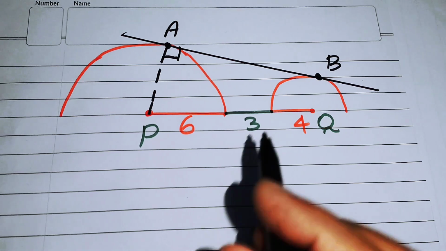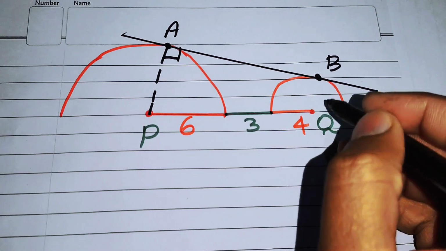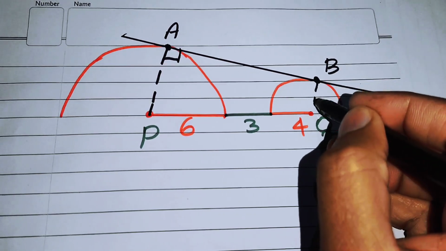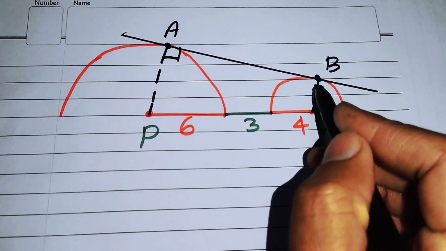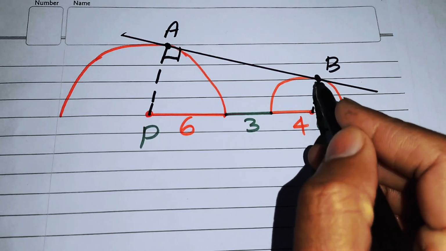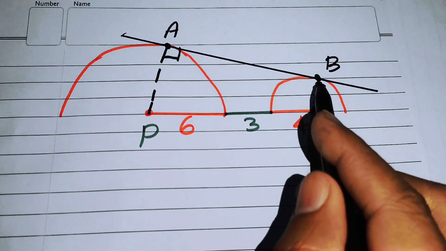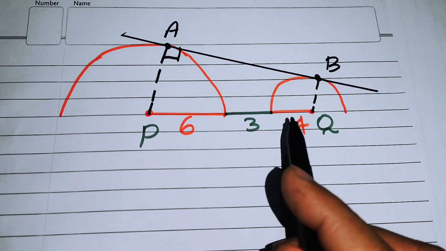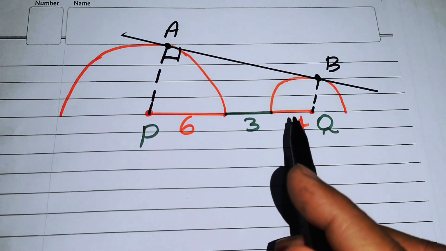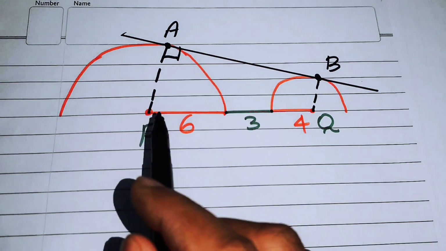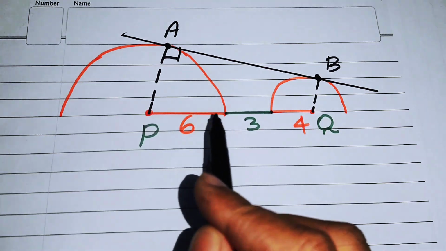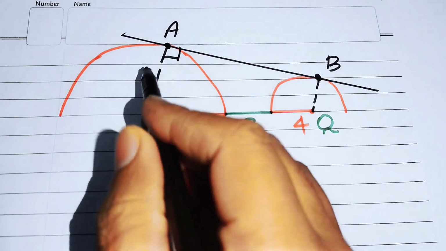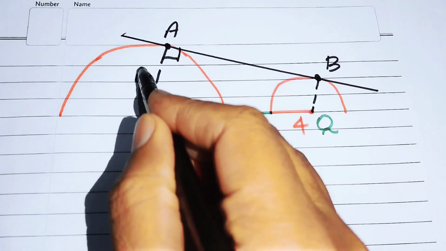Similarly, here we join point B to point Q in this way, and again you see that this is a right angle, and this BQ line is also the radius of the smaller semicircle. If the radius of the larger circle is 6, then this length is also 6 units.